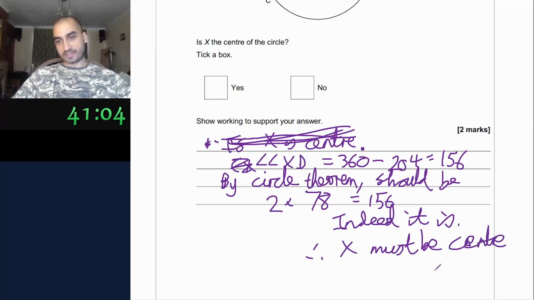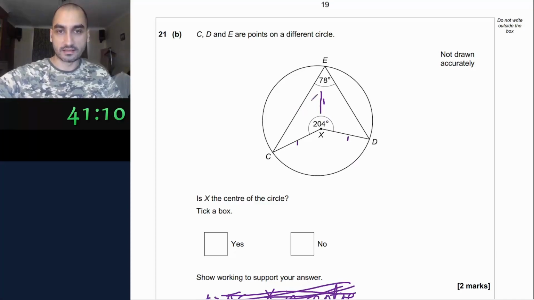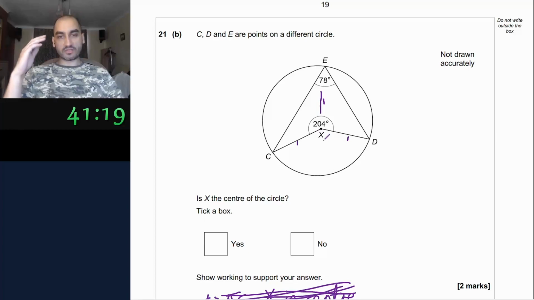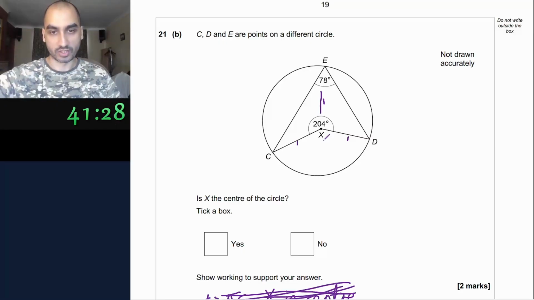So the rule I'm referring to is that when X is the center, an angle, and you draw a triangle like this, the angle at E is half of the angle at X. It's such an obscure rule, but apparently it's true, and it's probably easy to prove as well, but you have to do some trigonometry or something.